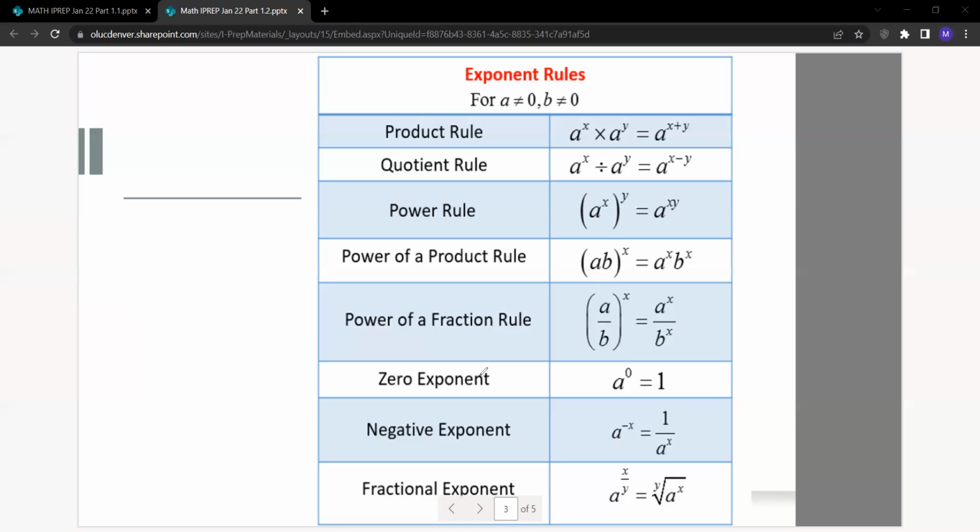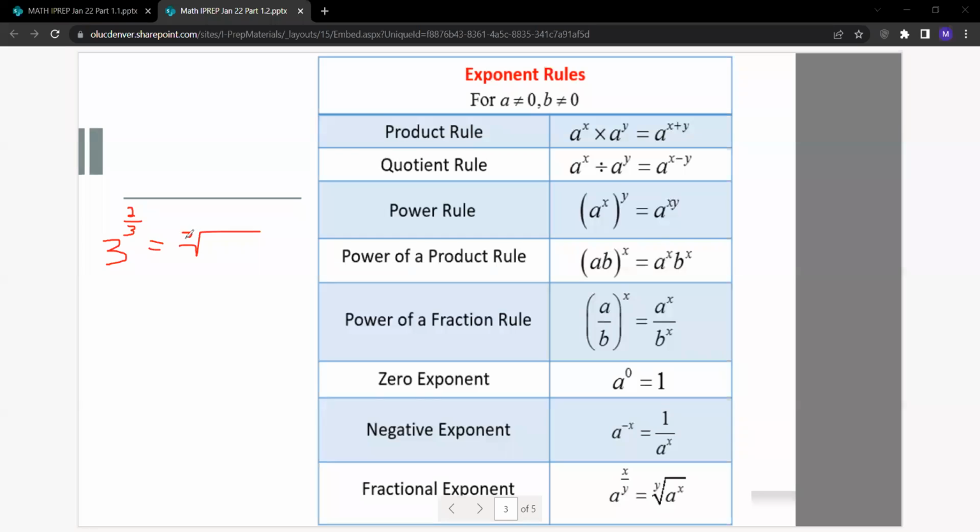Next we have our fractional exponent. If I have 3 to the power of a fraction, so let's call it 2 over 5, so 3 to the power of 2/5, you can rewrite this as the 5th root. Actually, I'm going to use 3 here because it'll be a little easier for what we're talking about.